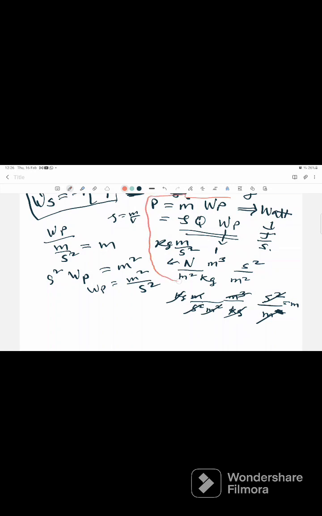So WP has a unit meter square upon second square.